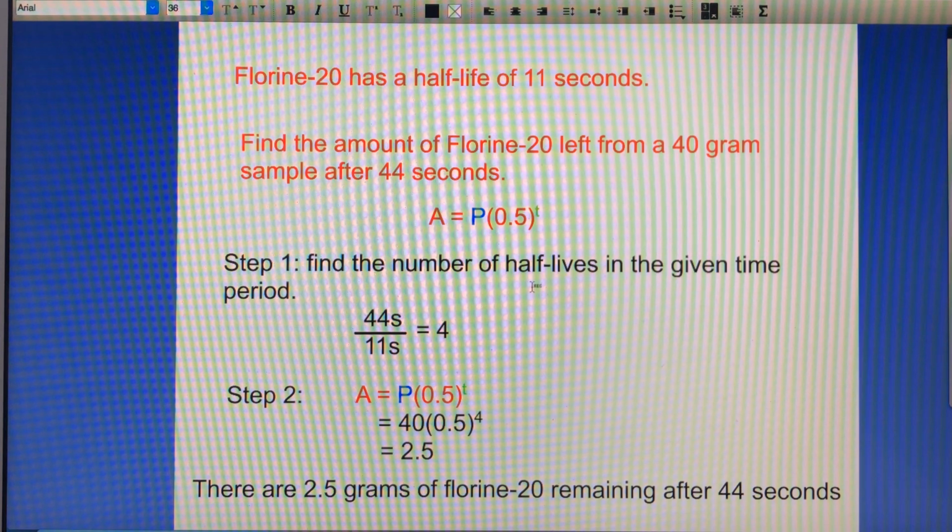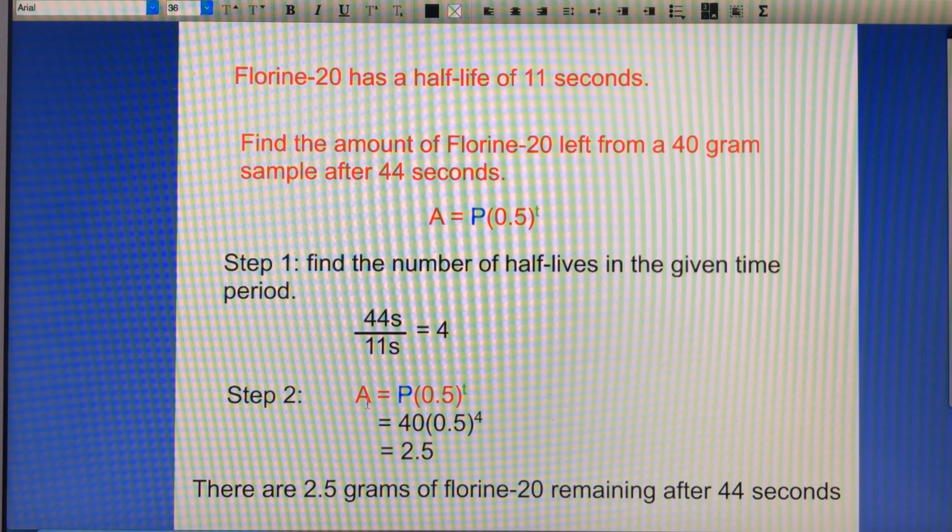Find the number of half-lives in the given period. So to begin with, my number of half-lives. After 44 seconds, and I know a half-life is 11 seconds, 44 divided by 11 is 4. I have 4 half-lives.